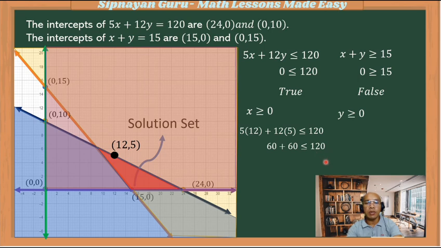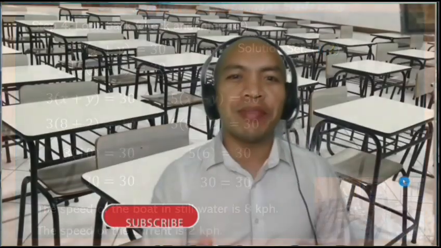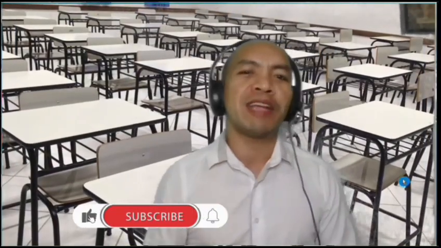Add. So 120 less than or equal to 120, still a true statement. And when it comes to the total number, 12 plus 5 is 17, greater than or equal to 15, and that is still true.